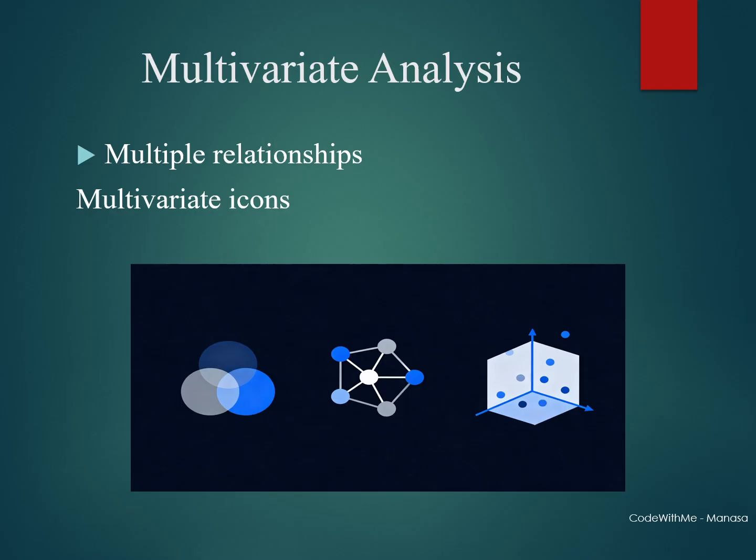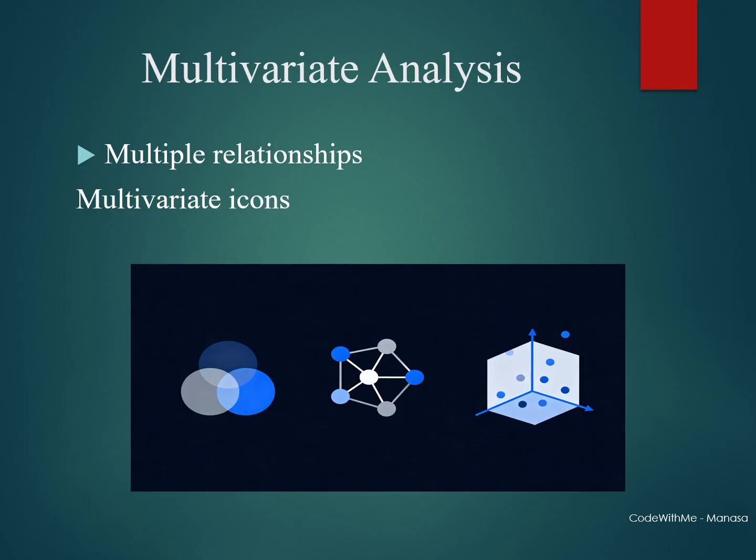This is very useful in data science because most real world problems involve multivariate features. For example, age, income and spending, height, weight and BMI, marketing spend across channels. So multivariate analysis uncovers deeper patterns that univariate or bivariate analysis cannot detect, multivariate can detect.